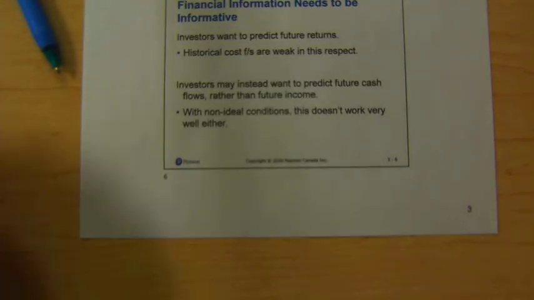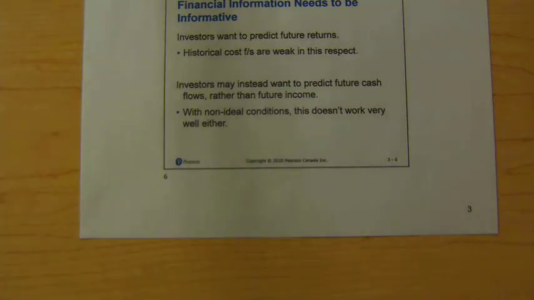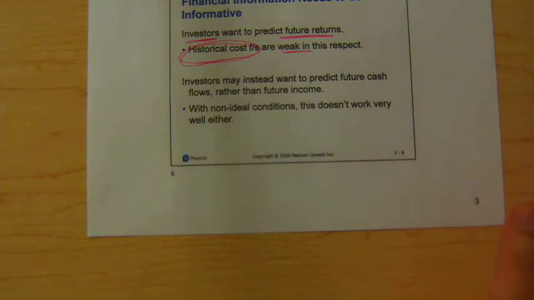So that was really to give you an understanding of how our thinking underlies our decisions and what happens for weighting. From an accounting perspective, why it's important is the more information we can give, the better the decision makers are at predicting what can happen. So we want to predict future returns, investors want to. Historical cost financial statements are weak.